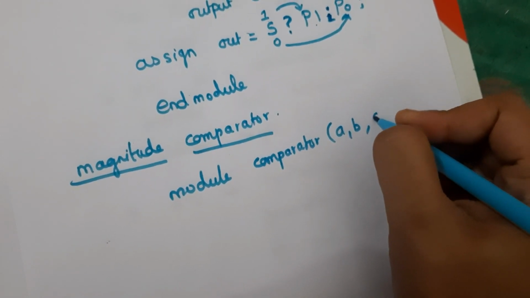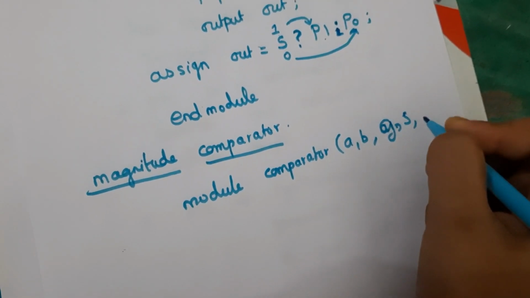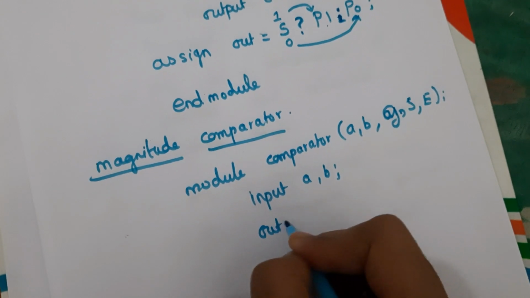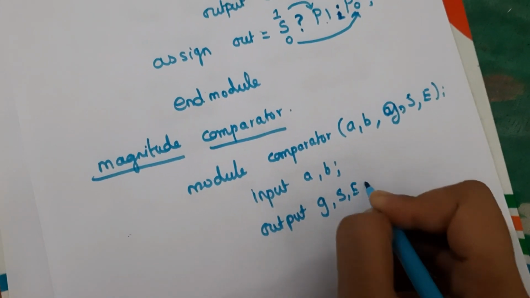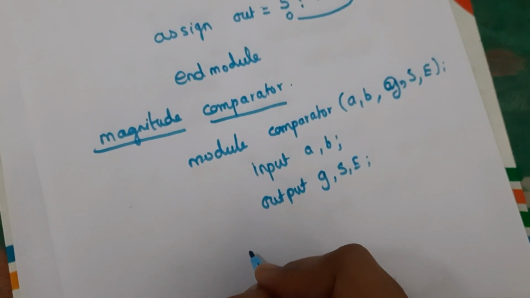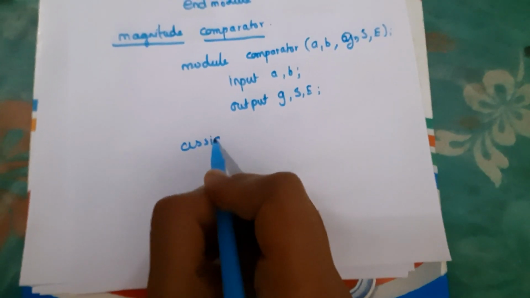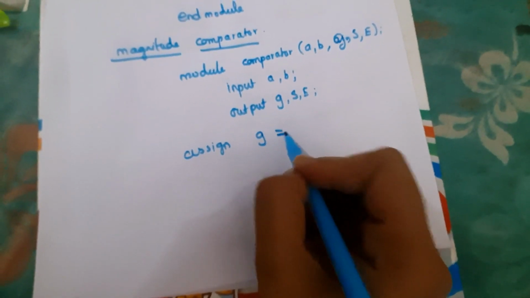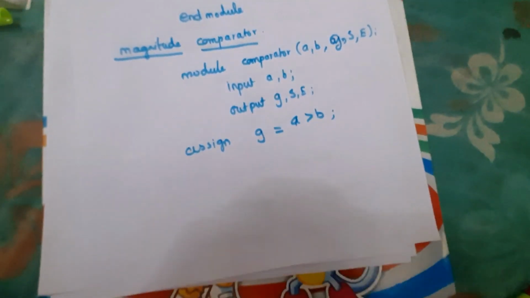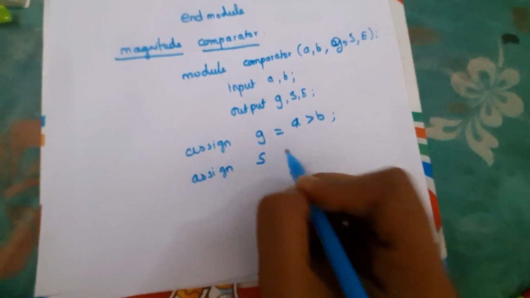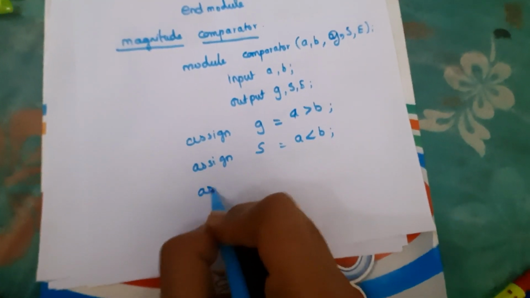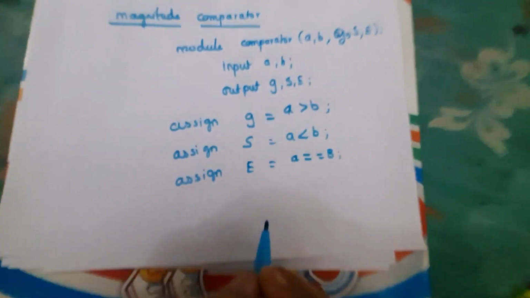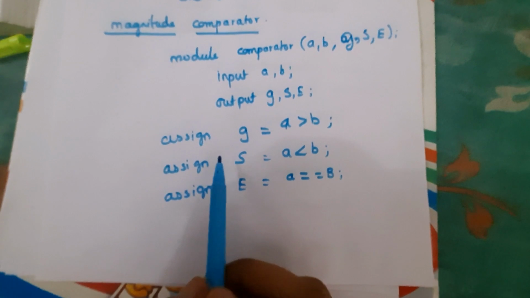So we take them as G, S, E. Input A, B, output G, S, E. Now assign G is equal to A greater than B. Next assign S is equal to A less than B. Next assign E is equal to A equal to B. So these are the three conditions in a comparator.